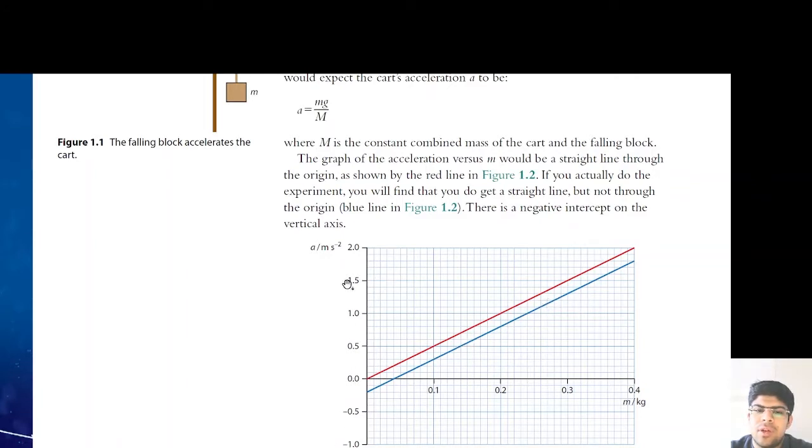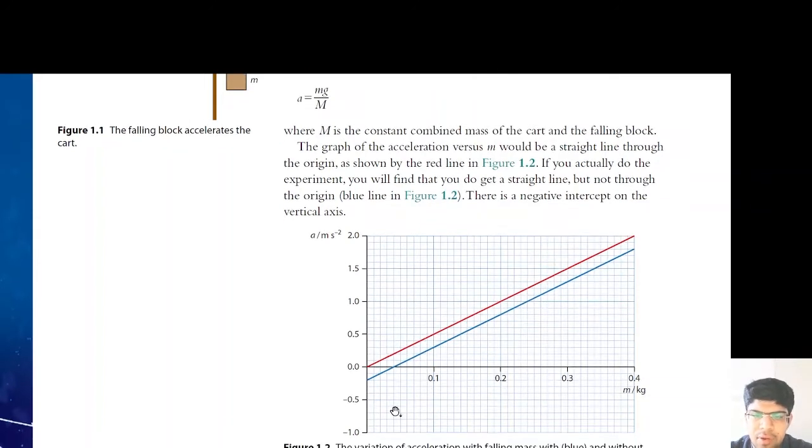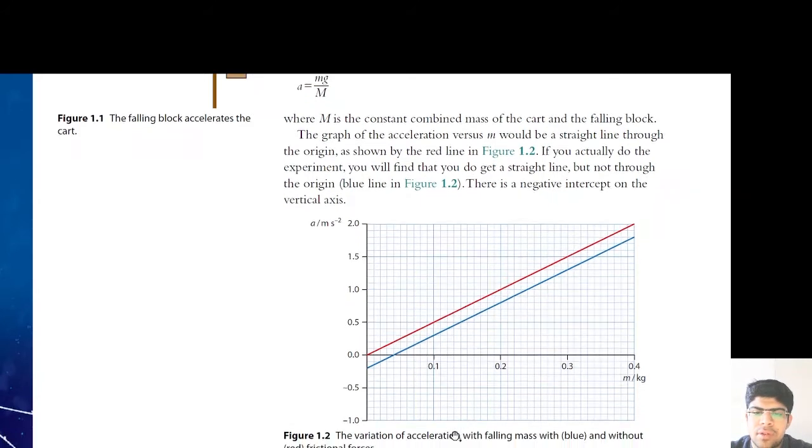The vertical axis is the acceleration, which has units of meters per second squared, and the x-axis is for mass, measured in kilograms. It shows the variation of acceleration with the falling mass, with the blue line, and the red one is without the friction force.